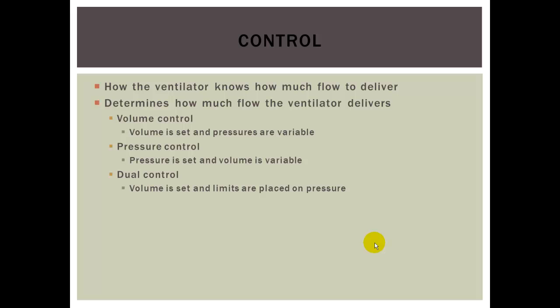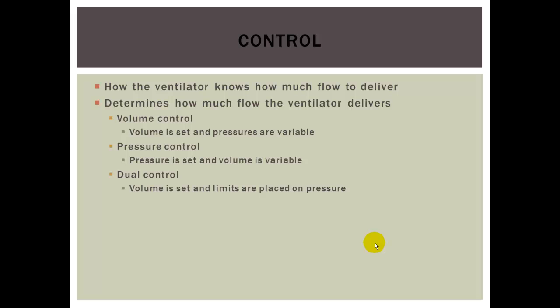It determines how much flow the ventilator delivers. There is volume control: the volume is set and the pressures are variable. A tidal volume is a weight-based measurement, and we'll talk about that in just a little while.